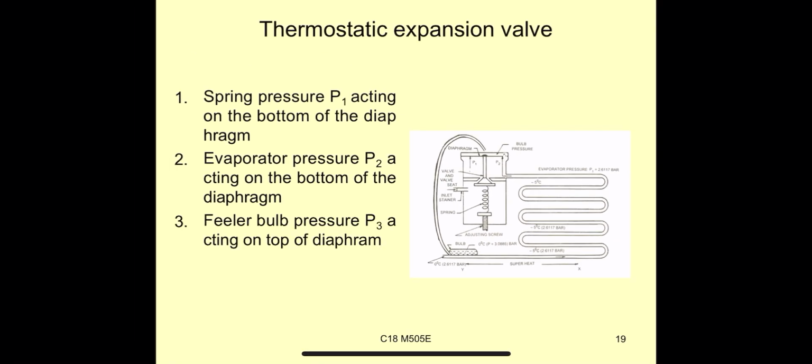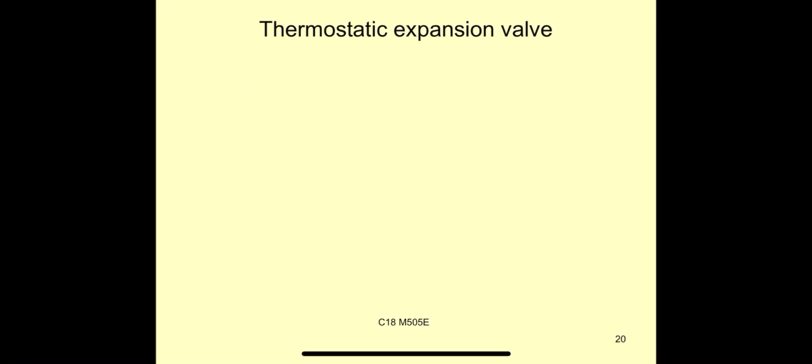And the feeler bulb pressure P3 is acting on the top of the diaphragm. So the spring force and the evaporator pressure acting on the bottom of the diaphragm balance the pressure on the top of the diaphragm: P3 equals P1 plus P2.